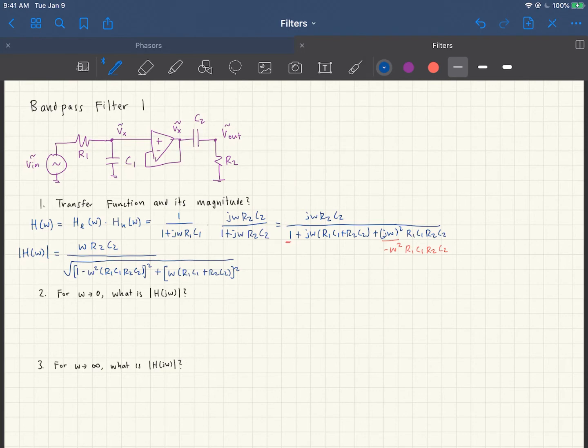So now the question asks, for omega close to 0, what is the magnitude of H of j omega? Another easier way to look at this is that the magnitude of H of omega is equal to the magnitude of the low pass times the magnitude of the high pass.